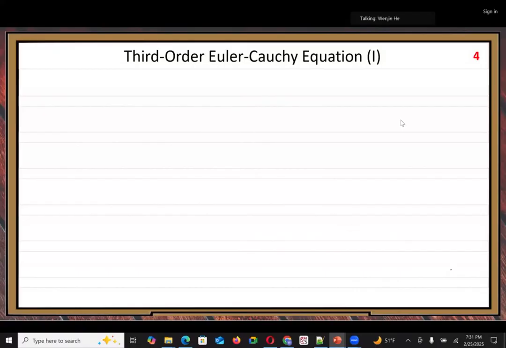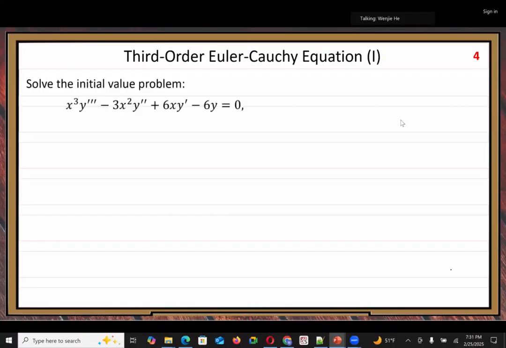Then, third order Euler-Cauchy equations. That's pretty straightforward, a very straightforward generalization. Let me quickly go through. Look at this example with initial conditions.